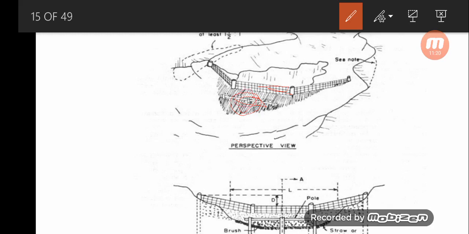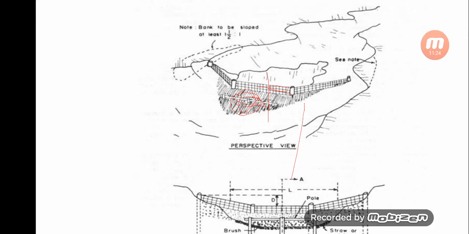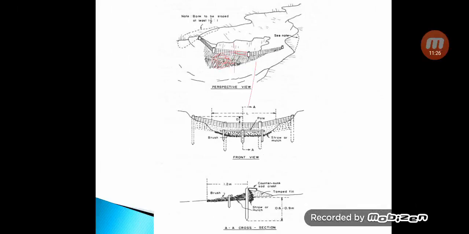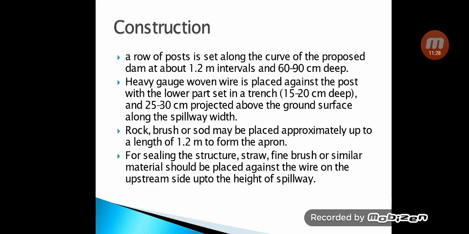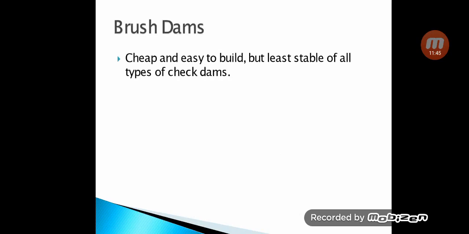For this, brush, sod or straw can be used. Also, for sealing the structure, straw, fine brush or similar material can be placed against the wire. This was the woven wire dam.